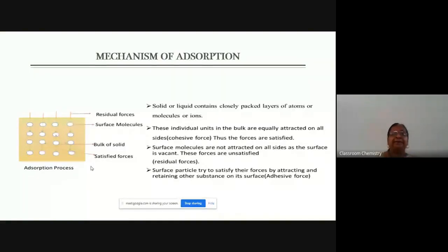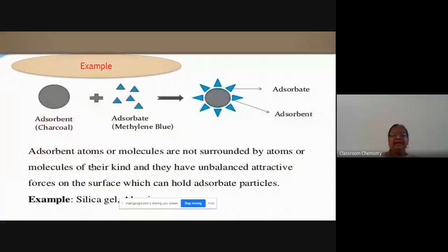Then next, this slide shows the example of the adsorption.